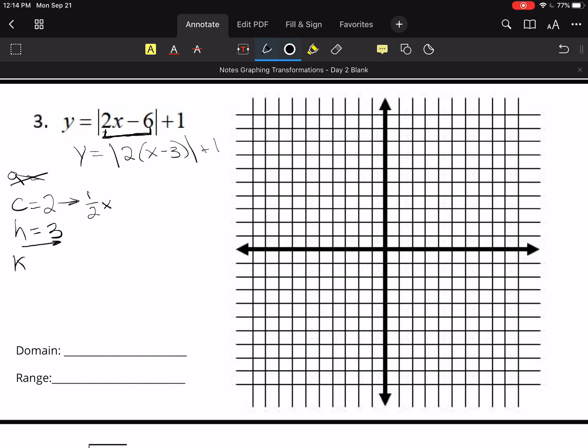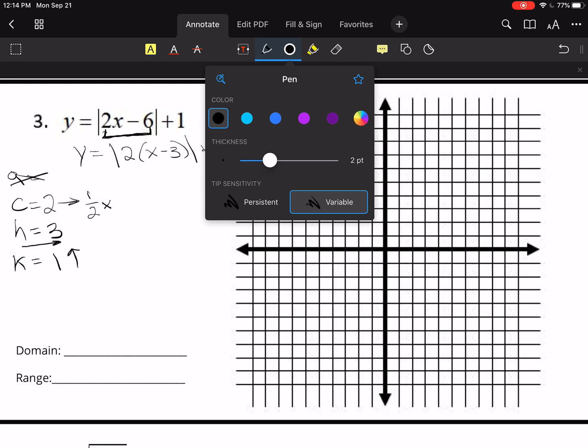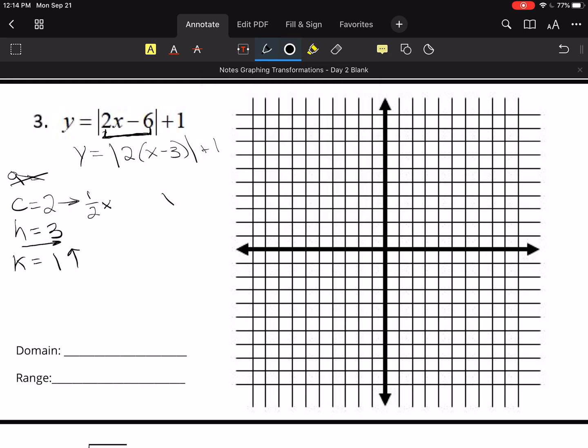So that's going to shift me right. And then K would be 1. So I'm going to go up 1. Now, to get my table of the parent function, I would have -2, 2, -1, 1, 0, 0, 1, 1, 2, 2.